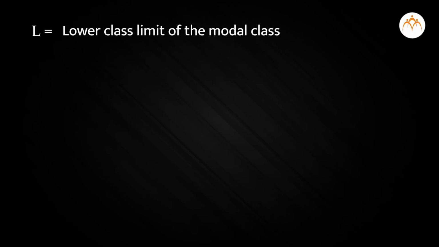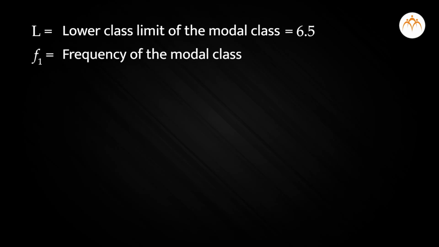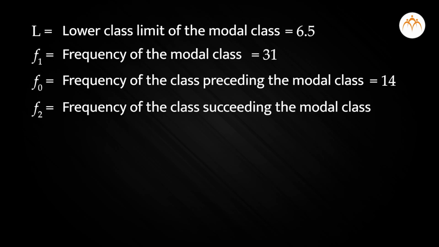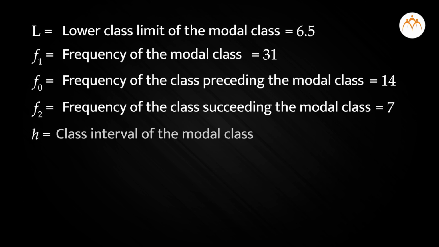Now here L, the lower class limit of the modal class, is equal to 6.5, F1, the frequency of the modal class, is equal to 31, F0, the frequency of the class preceding the modal class, is equal to 14, F2, the frequency of the class succeeding the modal class, is equal to 7 and H, the class interval of the modal class, is equal to 2.